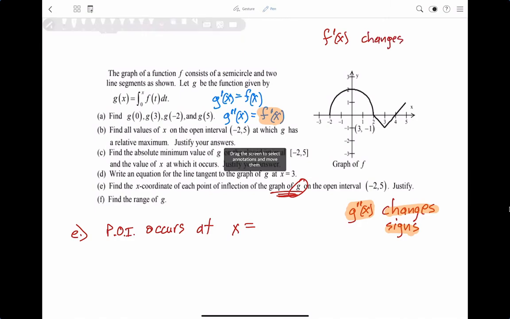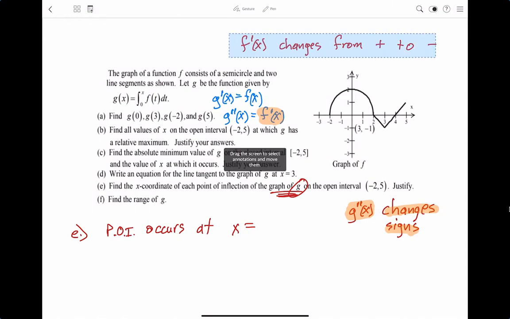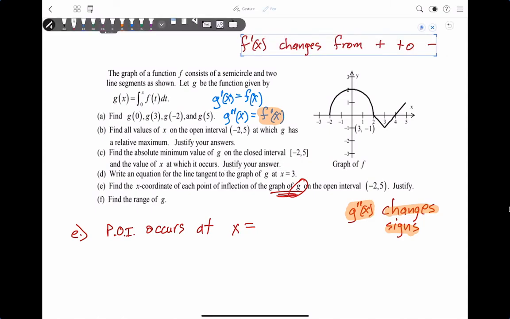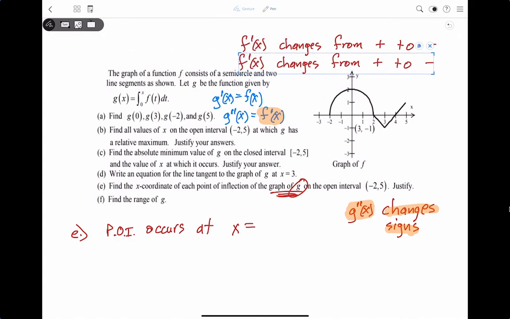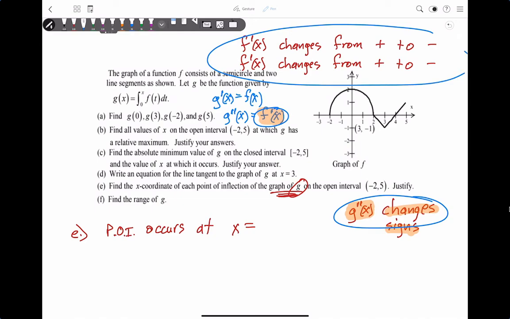Let me move this over to the left because I know I'm going to run out of room. Now, careful: g double prime changes signs means f prime changes signs, and that is shown here.